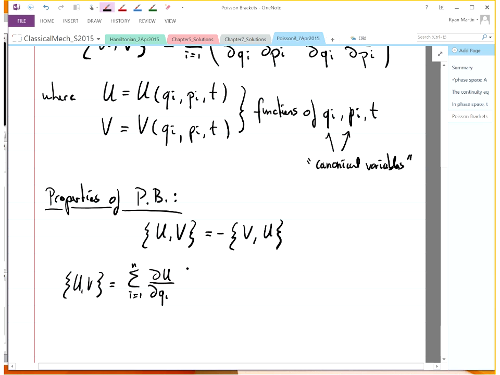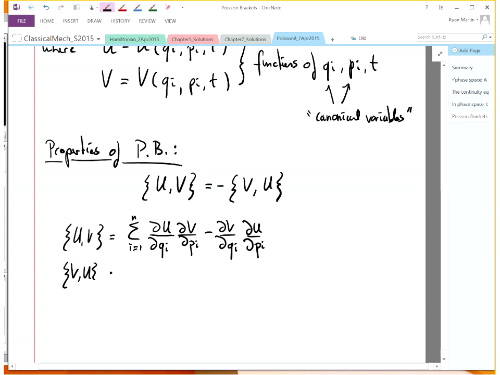So that's ∂U/∂qi ∂V/∂pi minus ∂V/∂qi ∂U/∂pi. The Poisson bracket of the other one, V with U, is the sum from i equals 1 to n of ∂V/∂qi times ∂U/∂pi minus ∂U/∂qi ∂V/∂pi.